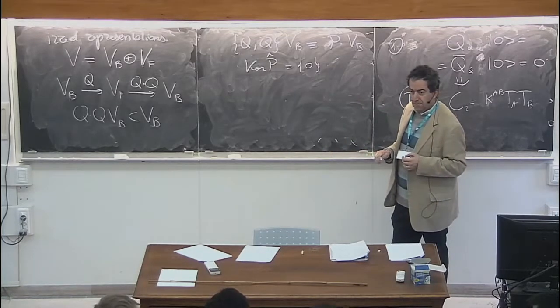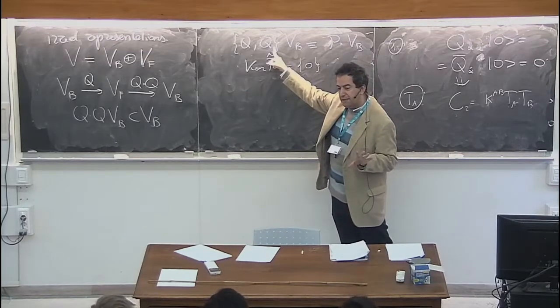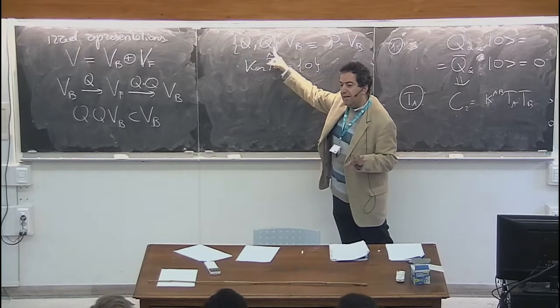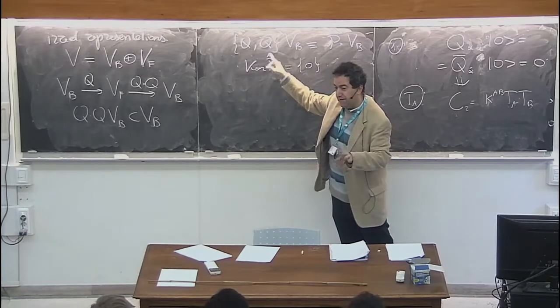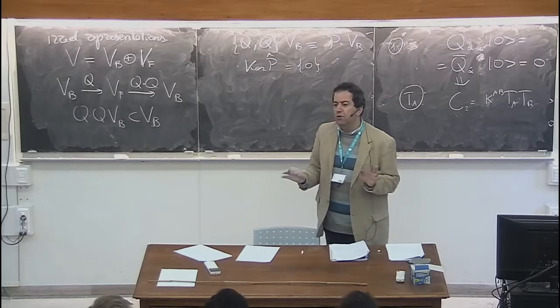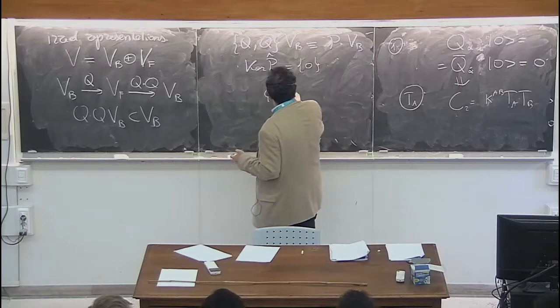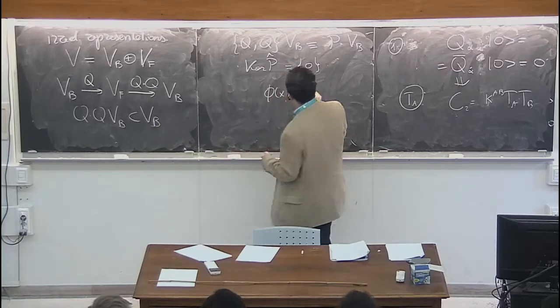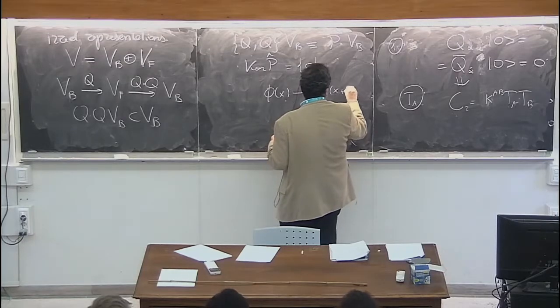Can you repeat the argument? Yes. On linear realizations on fields, the action of P is always free. Free means that there's no field which is left invariant. If I take a field phi(x), and I act by means of a space-time translation, I get phi(x plus delta x).